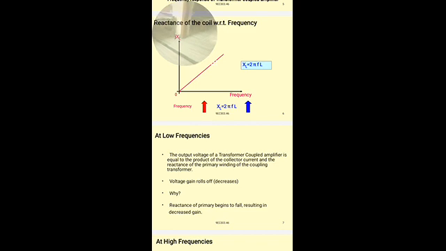When the signal frequency is very low, the inductive reactance decreases. So the output voltage, which is the product of the collector current and the inductive reactance, reduces. That will reduce the gain in the low frequency region.